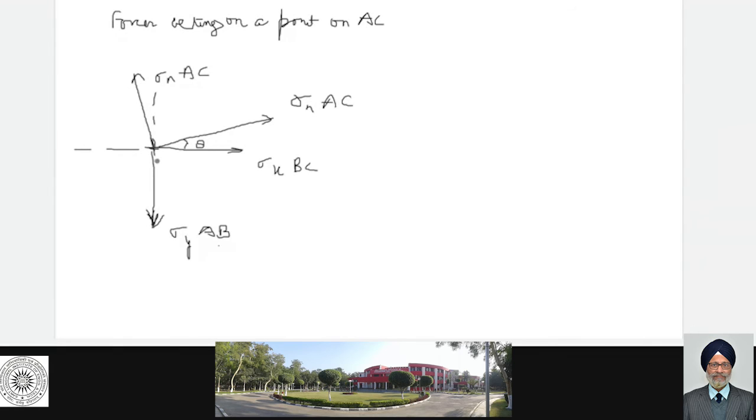So you can resolve all the angles. So this is 90. You can draw this properly in your copy. So this is theta. So this will be 90 minus theta. So this will be again theta. This will be 90 minus theta.